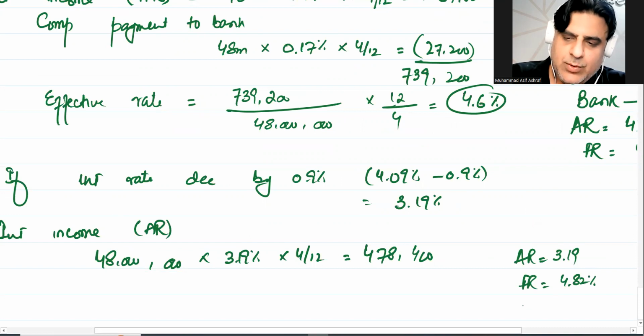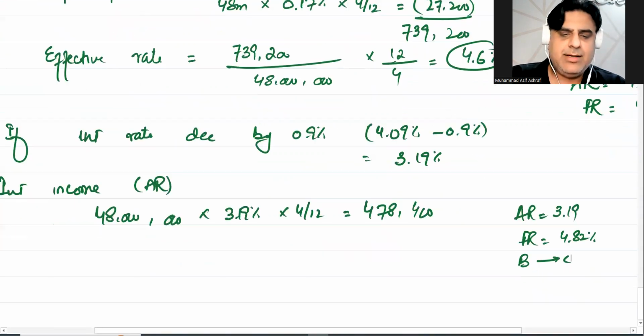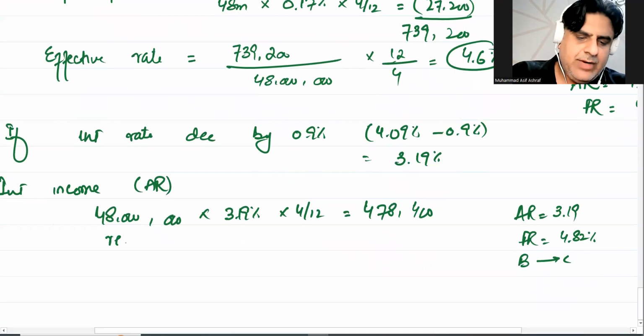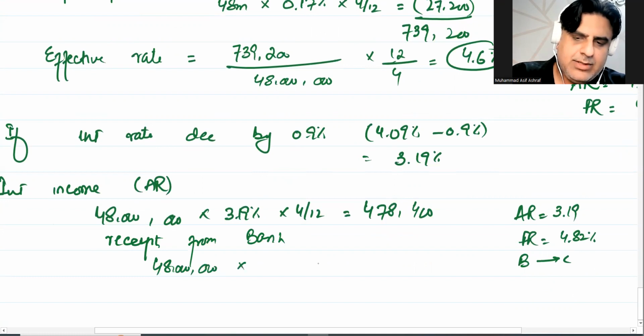So here, who is going to compensate? The bank will compensate the company. So we have another receipt from the bank. The difference: 48 million into the difference between these two.